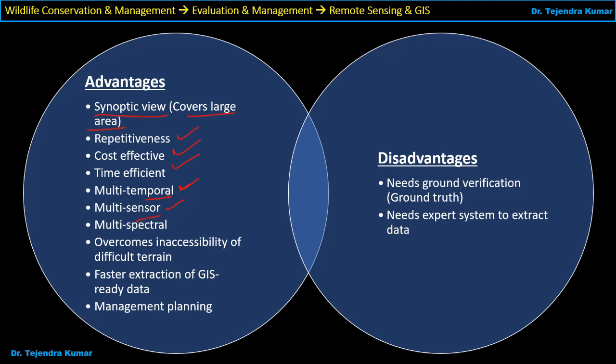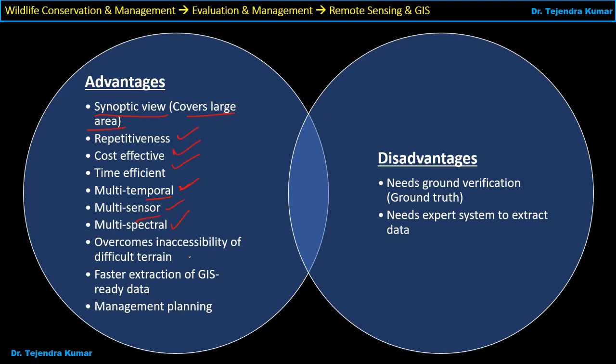Sometimes they are sensing the microwaves, the radio waves, and visible waves, near and far. So all those things can be observed by the sensors, which is very helpful, and that's why multi-spectral images can be seen.